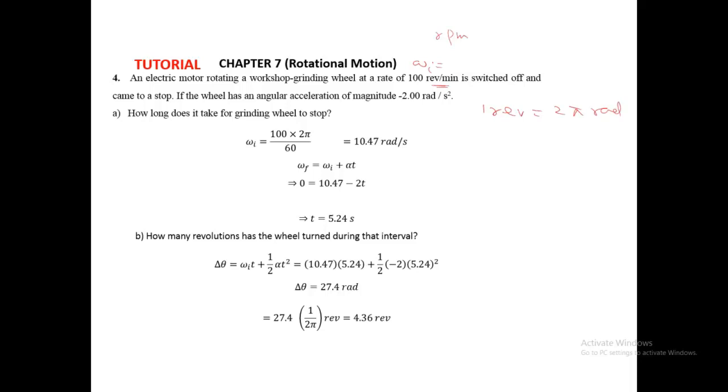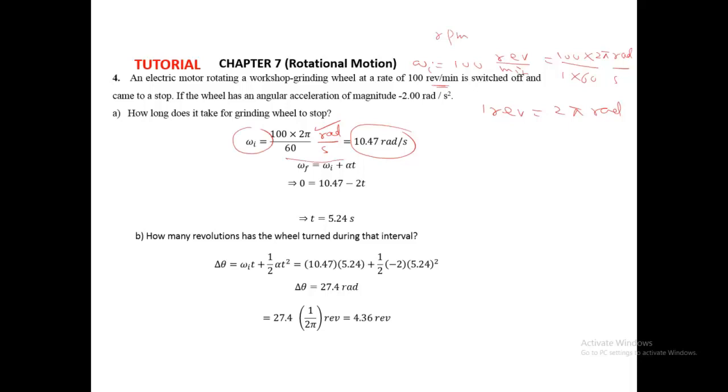So you have 100 revolutions per minute, one revolution multiplied by 2 pi, so this becomes radian divided by minute. 1 minute equals 60 seconds, so you get like this. This is what I wrote here. 2 pi by 60, this is radian per second. So finally you get this omega I.